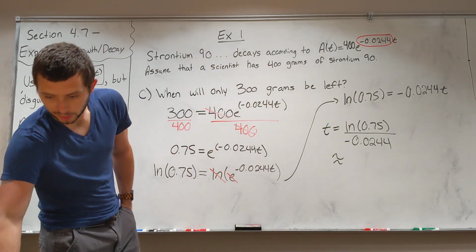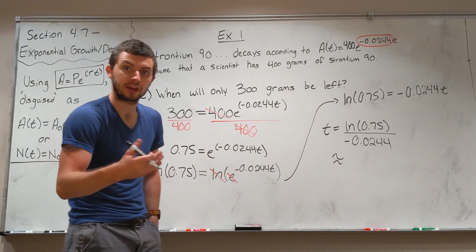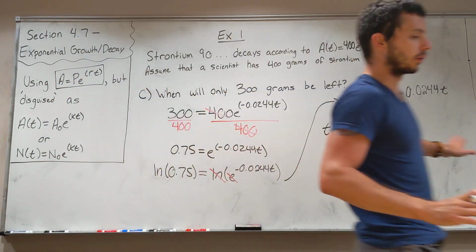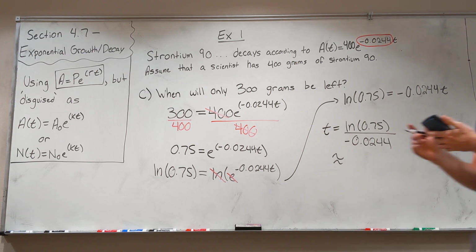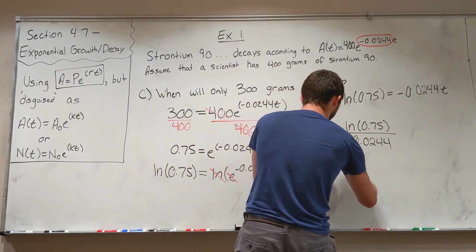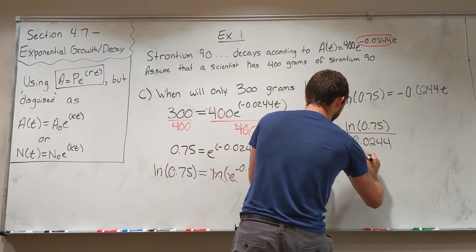And the problem does ask for us to round to the nearest tenth, which means we're going to go ahead, throw all of this in the calculator, and see what we get. Divided by 0.0244, and rounded to the nearest tenth, I get 11.8.